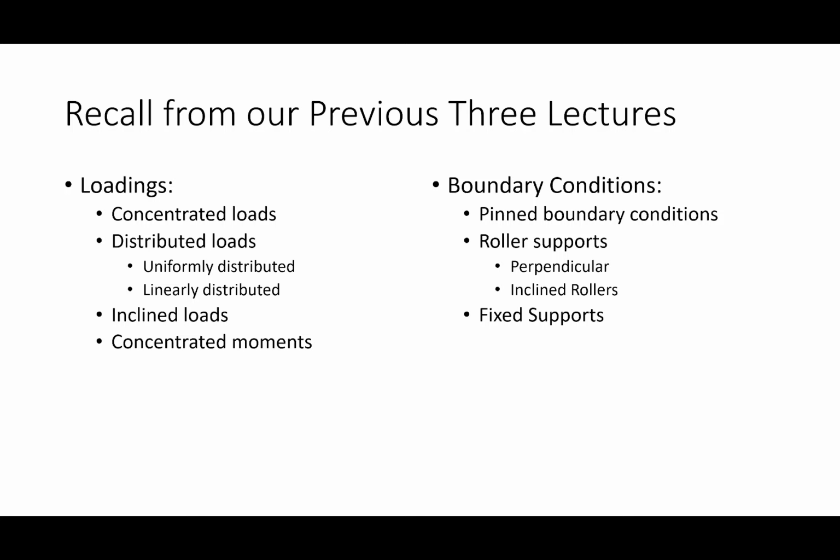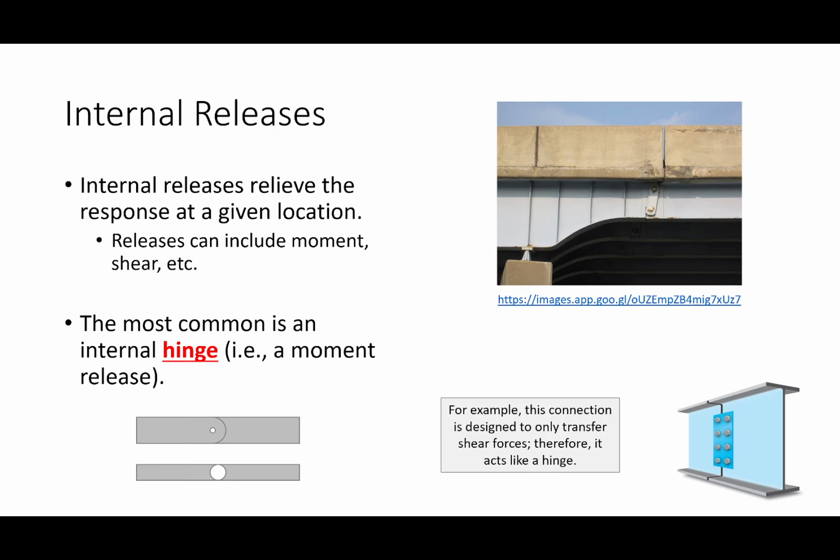So anytime you have problems with internal releases, we're talking about problems that have 4 reactions or 5 reactions and so on. So there's just more to do, okay? That's not to say that any of this stuff is different. We're handling concentrated loads, distributed loads, concentrated moments, all that, the same way, and we're handling the boundary conditions the same way. Again, the only thing that changes is the inclusion of these internal releases.